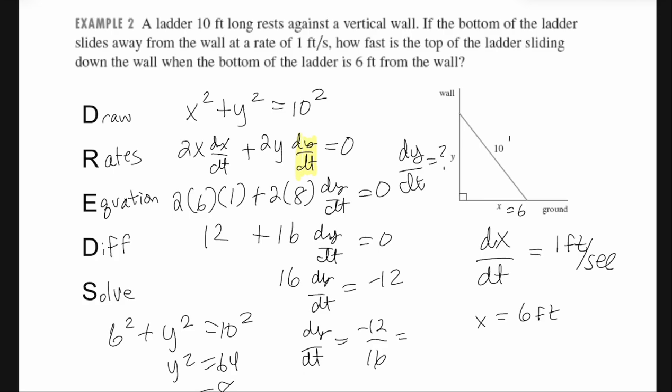And so that would be negative 3/4 of a foot per second. So at the exact moment when we are 6 feet from the wall, we are going at a negative 3/4 of a foot per second. Okay. So that is the second one.